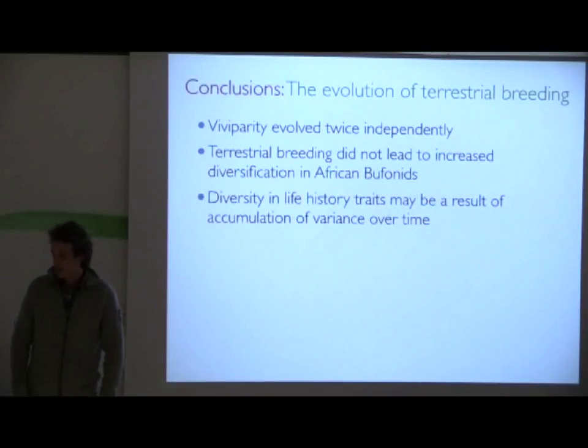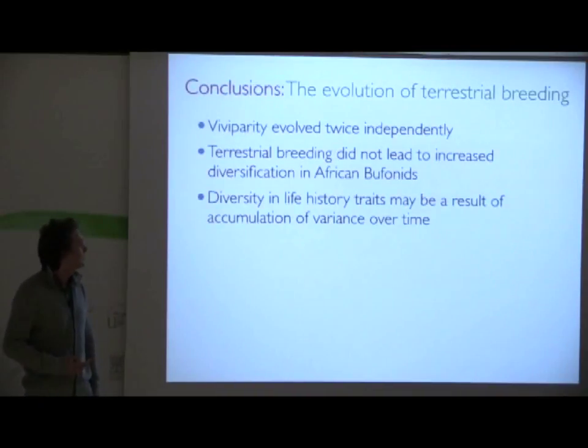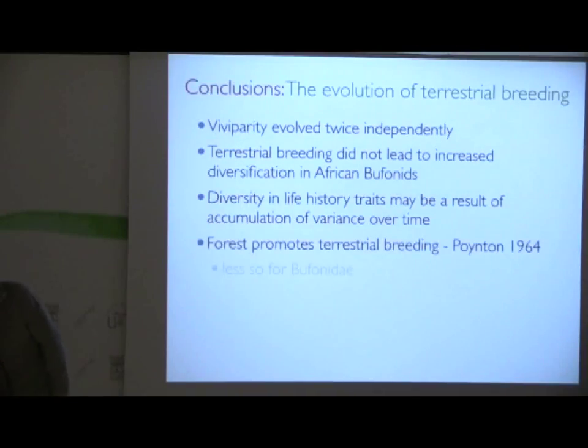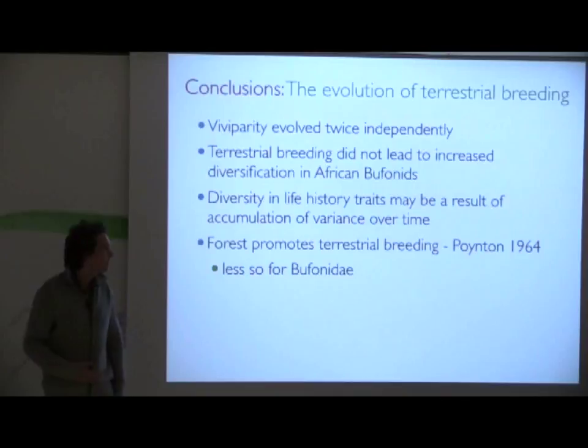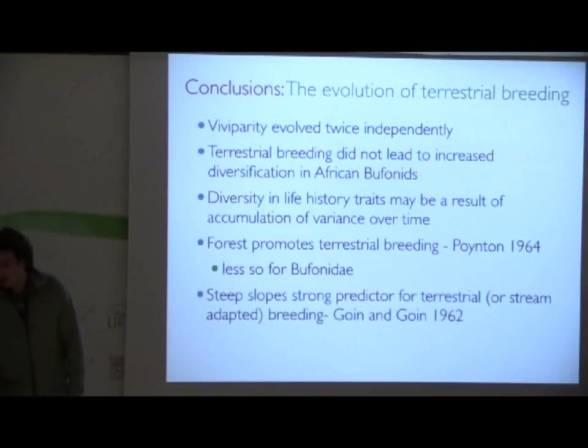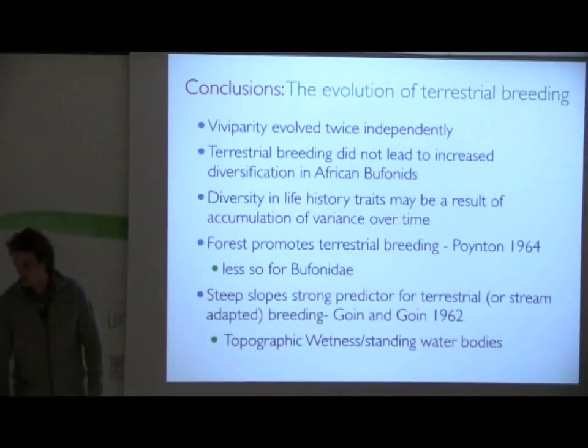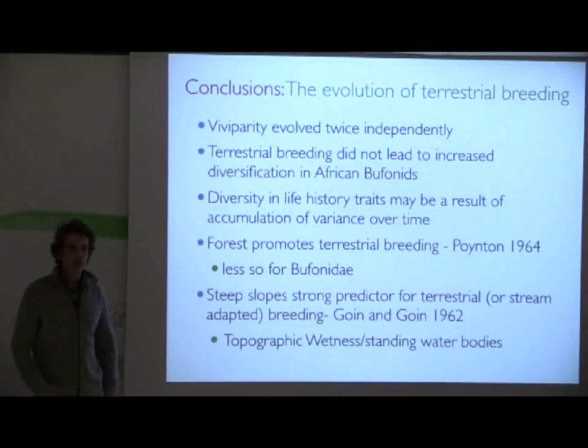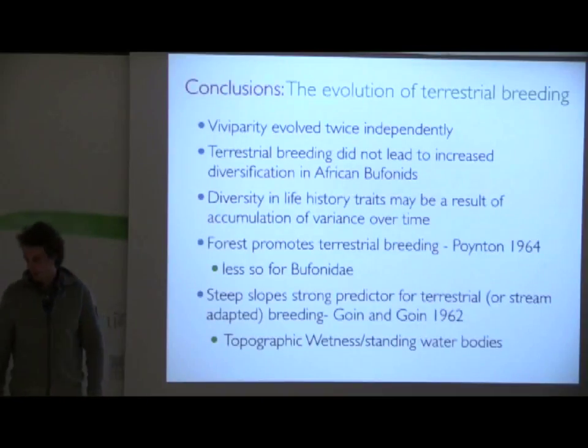The diversity of life history traits seems to be an accumulation of variance over time, so there's very little to suggest that there was an adaptive radiation or something like that happening. Forest does seem to be important, clearly less so for bufonids, and a much more consistent predictor was steep slope, and that includes topographic wetness, so looking for standing water bodies directly.